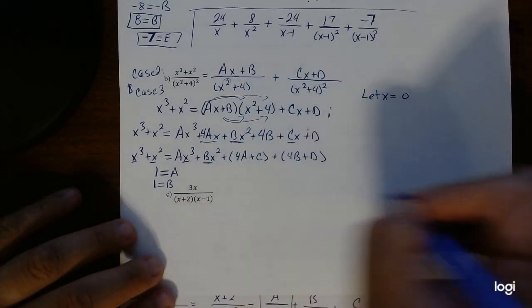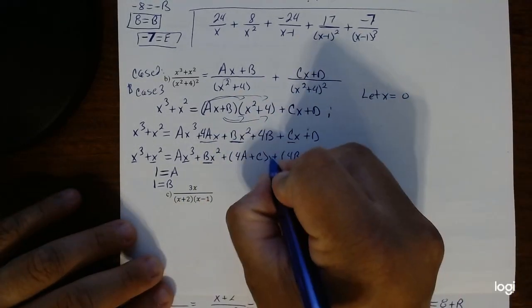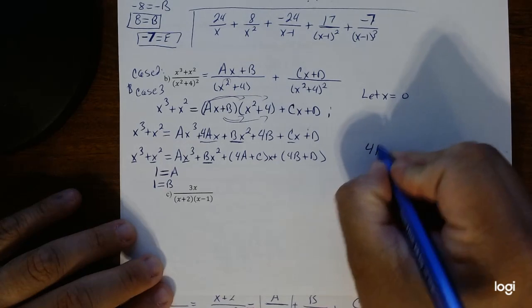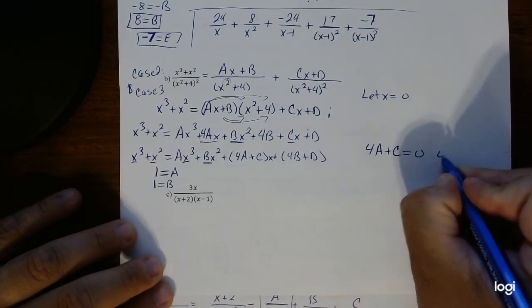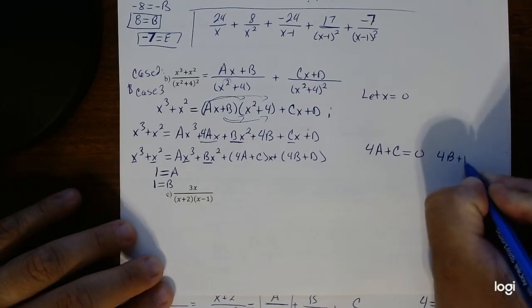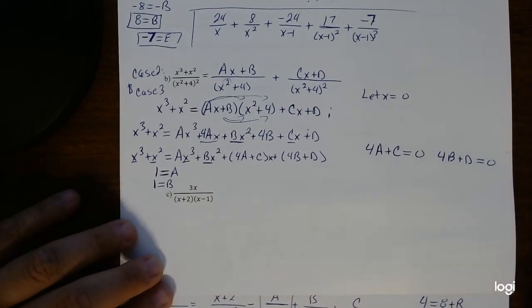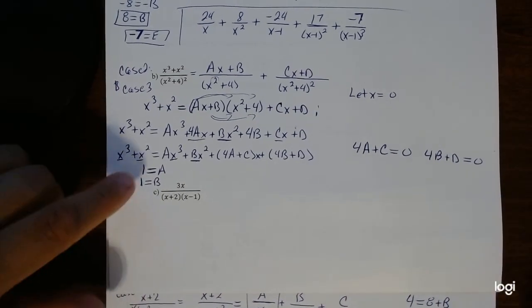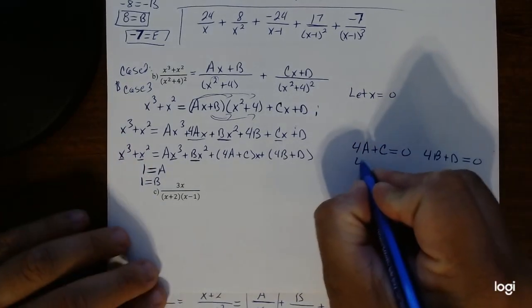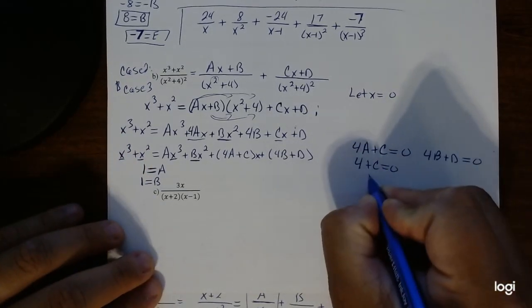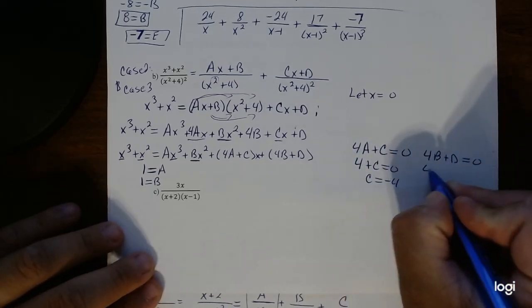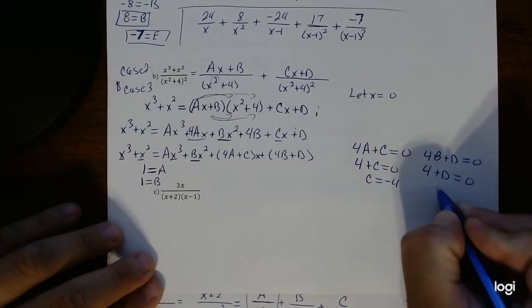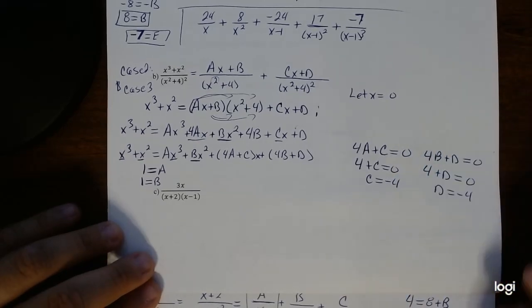So again, setting up the other portions, we know that 4a plus c must equal 0, and 4b plus d must equal 0 as well. Well, we just plug in what we know. Well, a is 1, so we have 4 plus c equals 0, so c must equal -4. And on this side, we have 4 plus d equals 0, so d also equals -4.